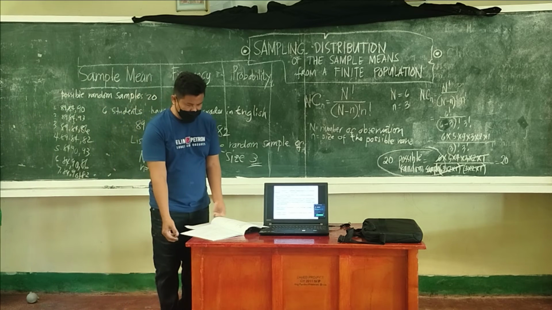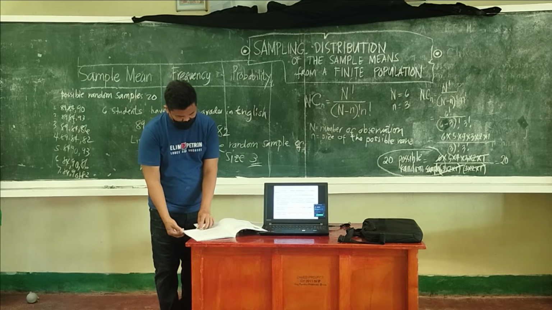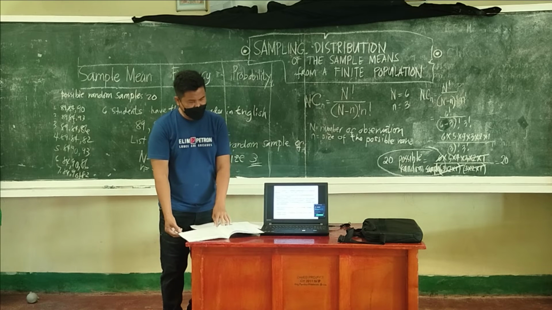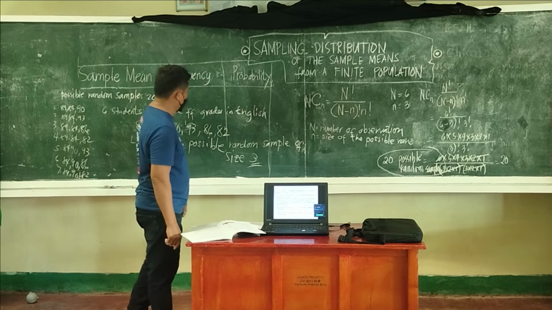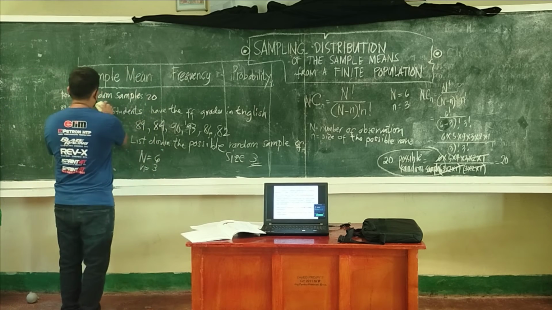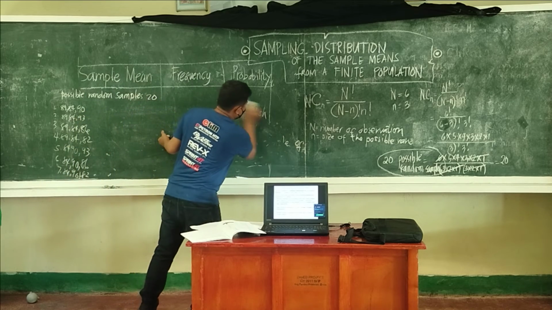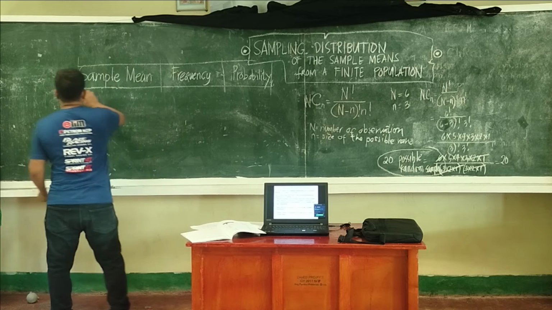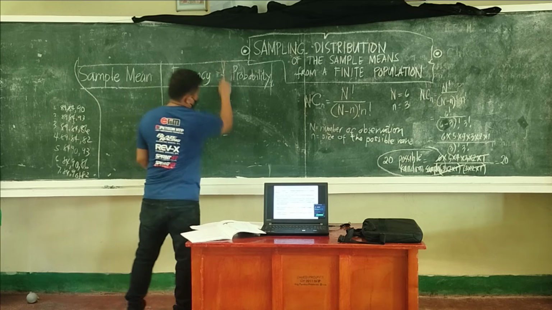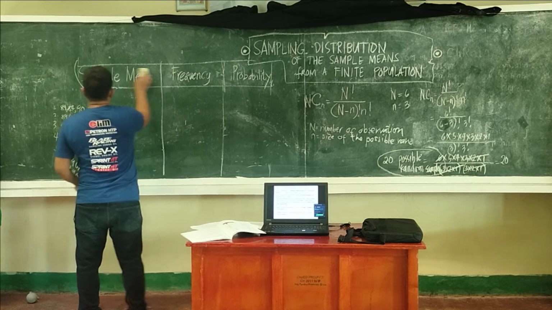After knowing that, we are going to solve for the random samples of size 3 by getting the sample mean. I will erase this one. So we have here the random sample.